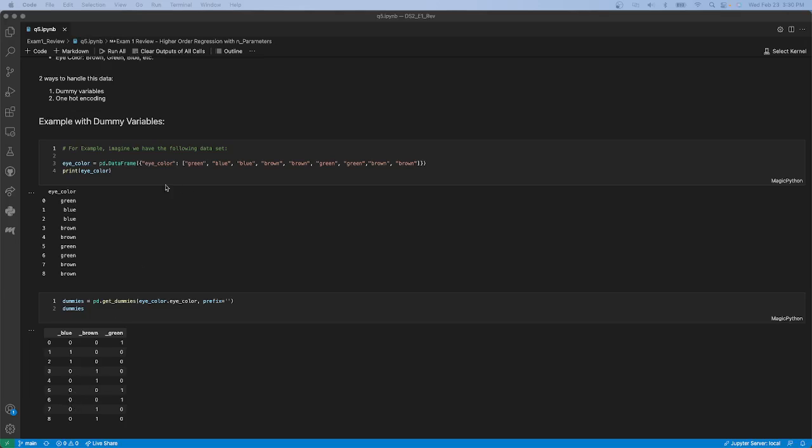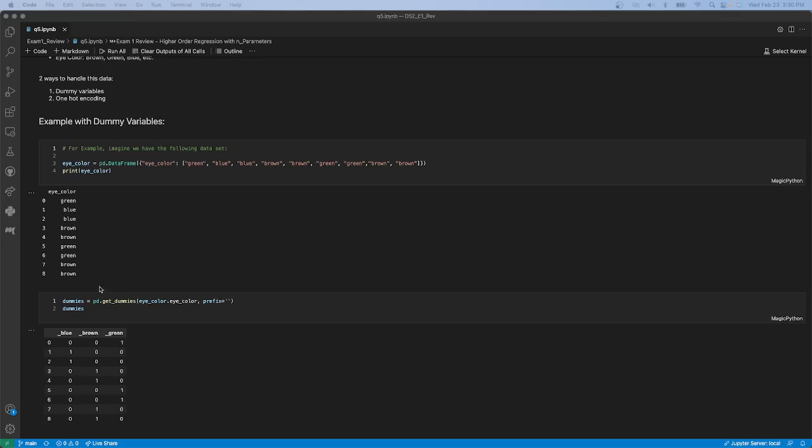So okay, let me explain that a little bit better. So we have 1, 2, 3 green eyes in this set, right? So if we wanted to represent that as its own column or its own feature input, we could say that green is represented by the vector 1, 0, 0, 0, 0, 1, 1, 0, 0.